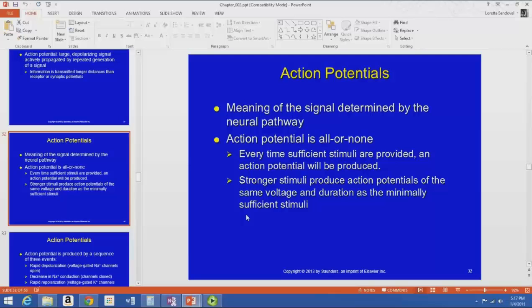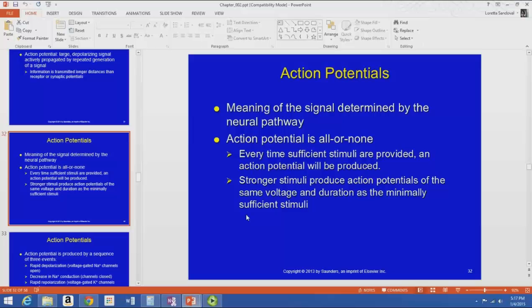Stronger stimuli produce action potentials just as much as minimally sufficient stimuli. So whether you hear a tiny little noise and you say, "What was that?" or you hear a big loud crash, it uses the same pathway and the same action potential.